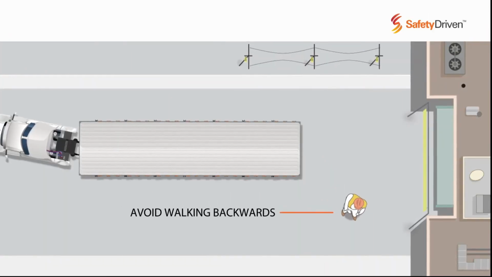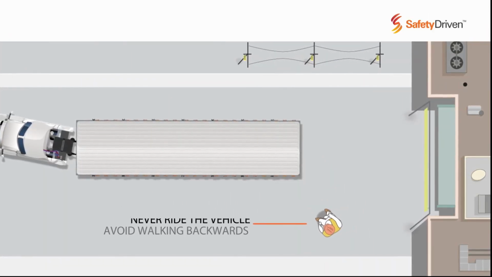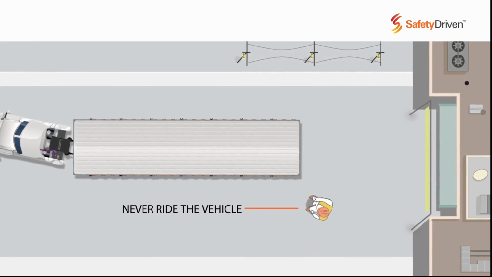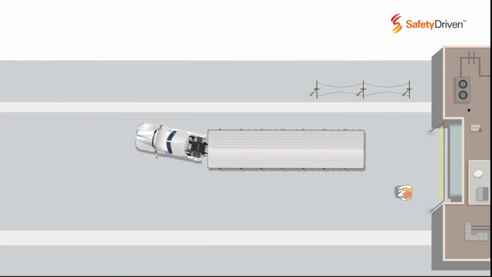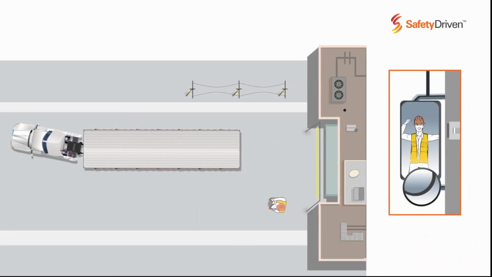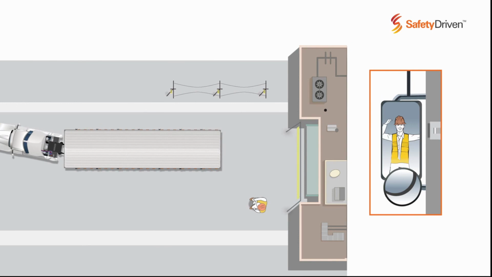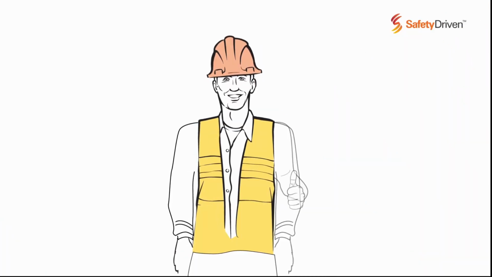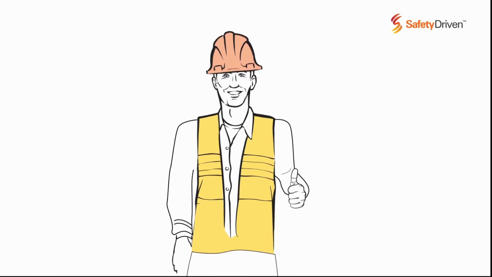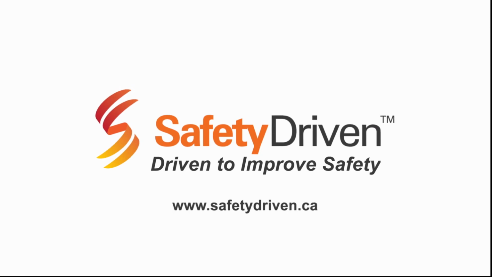While spotting, avoid walking backwards and never ride the vehicle. Spotters must stay to the side and 3 to 5 meters behind the vehicle so they can guide the vehicle and oversee obstructions in the area of operation. Identifying hazards and knowing how to deal with them keeps everyone safe. Safety driven to improve safety.